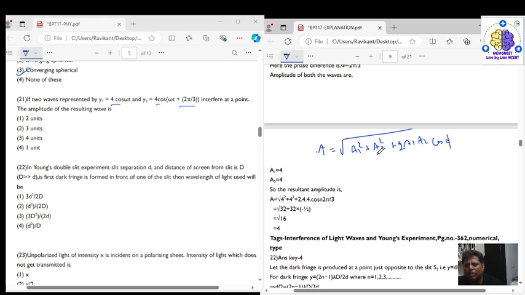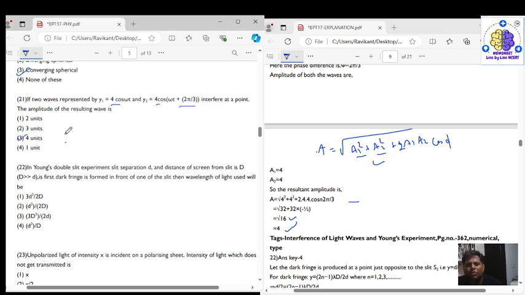Because A1 and A2 are equal, when we put the values here and solve it using cos 2 pi by 3, that is cos 2 pi by 3 is equal to minus 1 by 2, right? Putting all these values in this formula, we get A is equal to root 16, which is equal to 4, right? So the amplitude of the resultant wave will be equal to 4 units. So the correct answer is option 3.